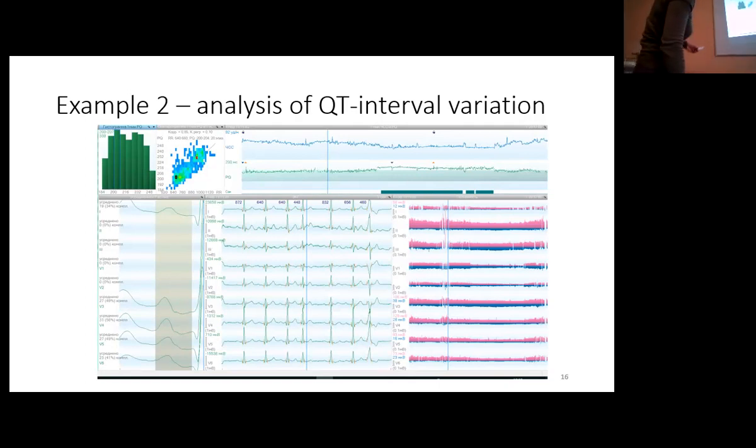Here we have a real screenshot from a program for ECG analysis. Unfortunately, the quality of the image here is not good, but here we have ECG signals and the QT interval. It's the interval between points Q and T, measured in milliseconds, a property of the shape.